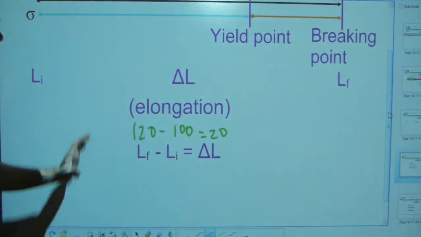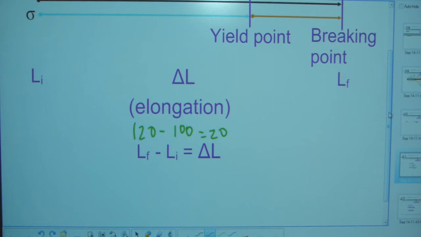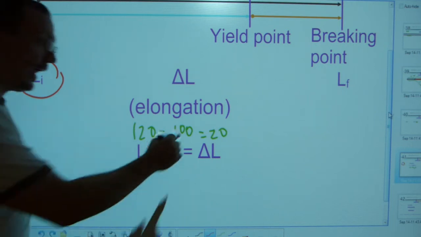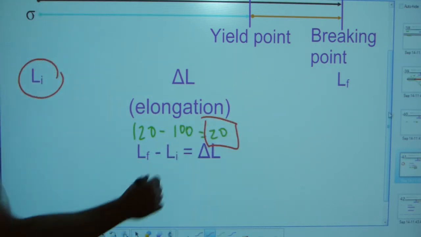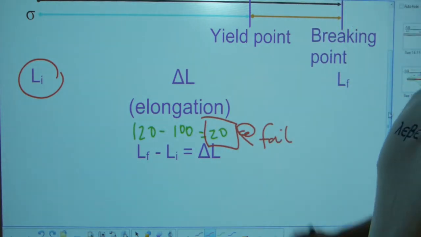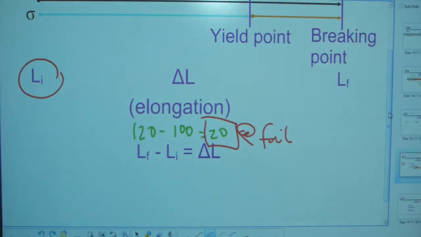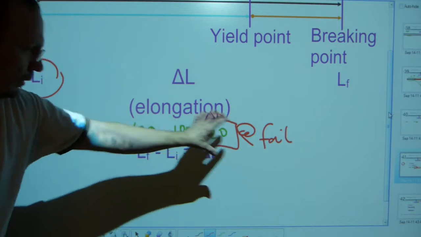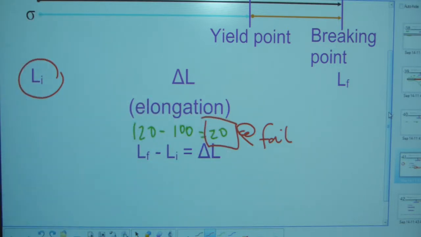The story is what this very simple subtraction represents: stress is being exerted on the material, and it starts with its initial or original length, and it gets longer and longer and longer, and at fail, it is 20 millimeters longer than what it was when it started. That story is captured by this very simple subtraction.